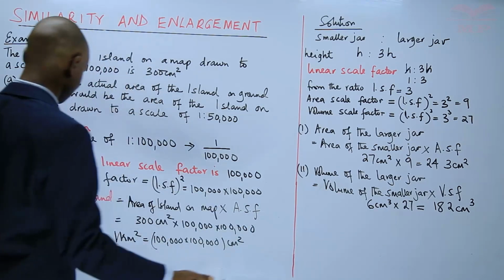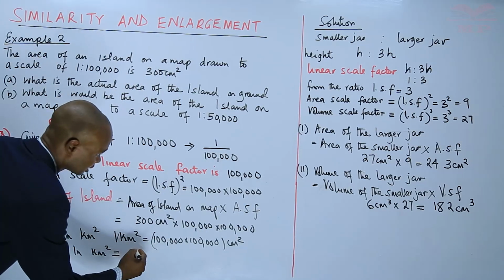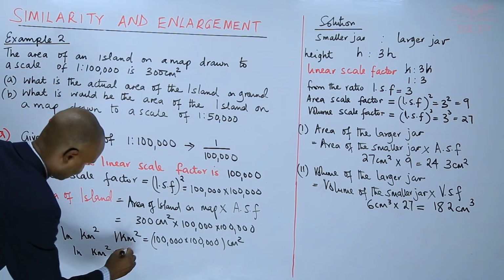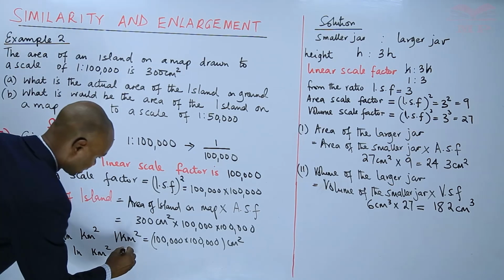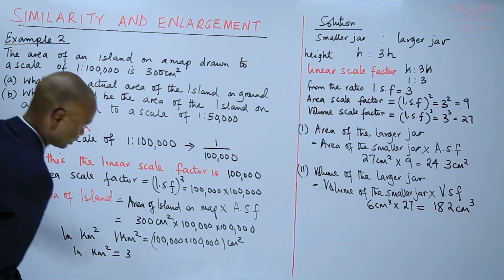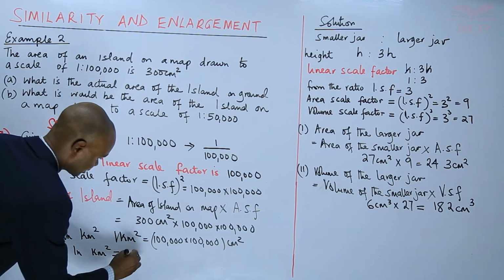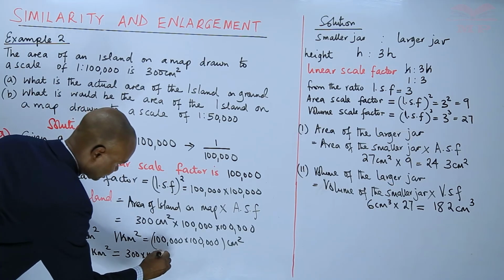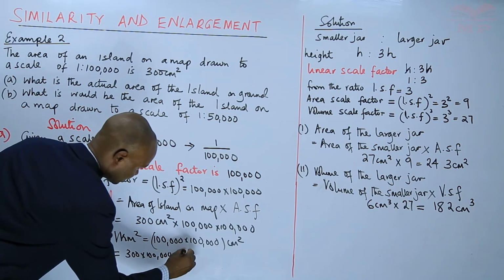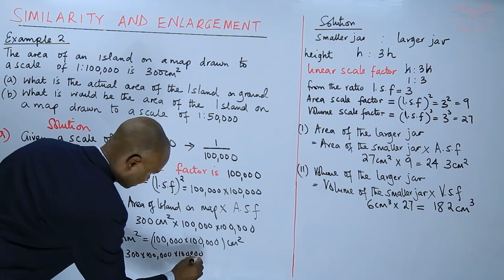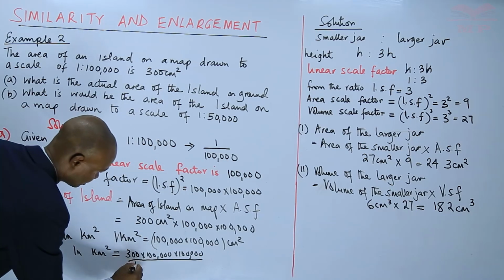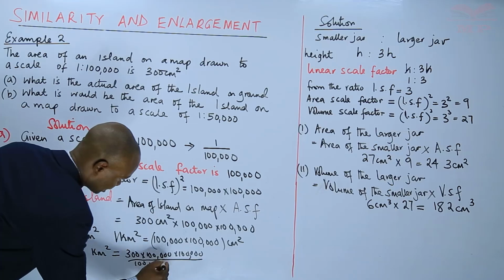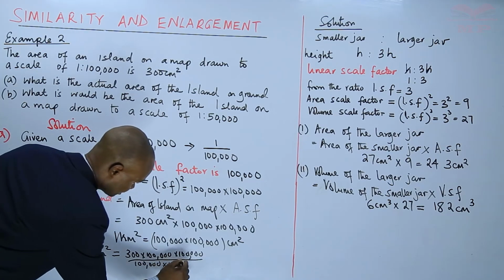But in kilometers squared, it will be 300 times 100,000 times 100,000 divided by 100,000 times 100,000.